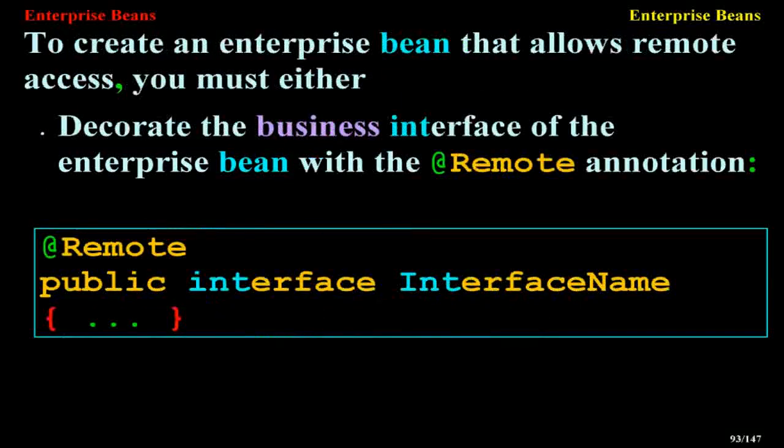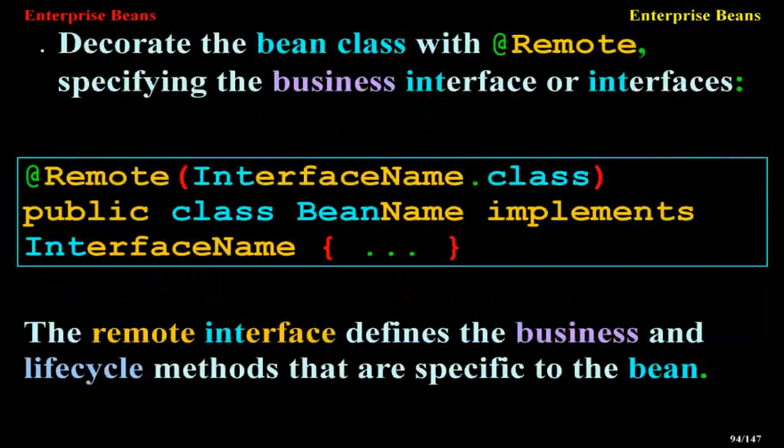To create an enterprise bean that allows remote access, you must either decorate the business interface of the enterprise bean with a @Remote annotation, @Remote public interface InterfaceName, or decorate the bean class with @Remote, specifying the business interface or interfaces, @Remote(InterfaceName.class) public class BeanName implements InterfaceName.